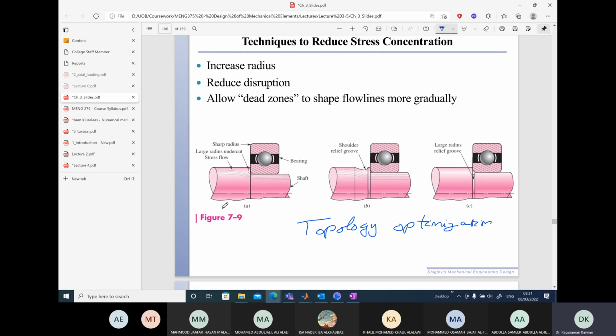So I could give you a simple group assignment. Maybe somewhat later in ANSYS, you go and model, for example, a stepped shaft like this, and you want to reduce the stress concentration effect.